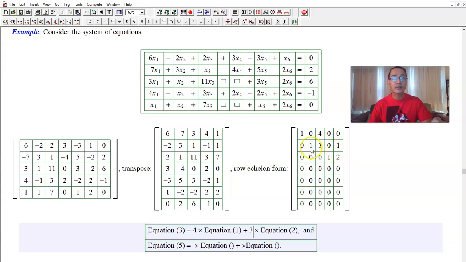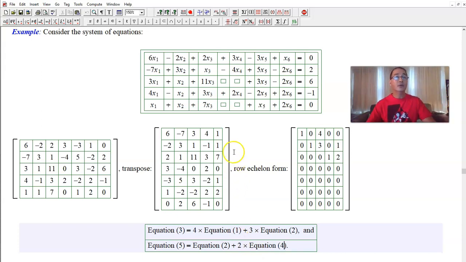1 corresponds to this leading one, which is in column 2, so that means you want 1 times equation 2, so we just write it as equation 2, and the 2 here corresponds to this leading one, which is in column 4, which means equation 4. So we want to add 2 times equation 4.